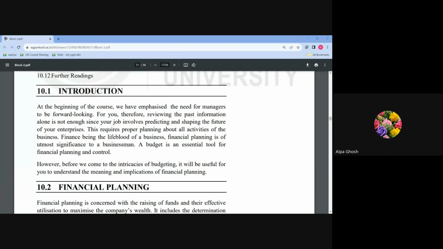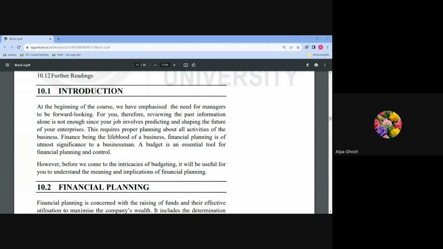Why do we do so? So that when we go for meeting the expenditures, we come to know whether we have a sufficient amount with us to meet all the expenditures. And if not, then what are we going to do?